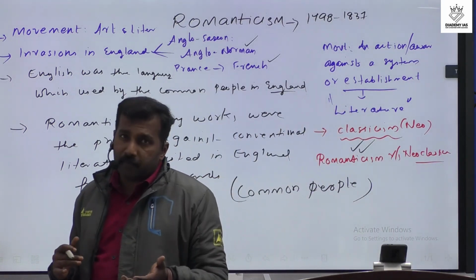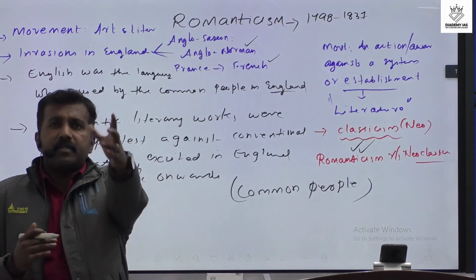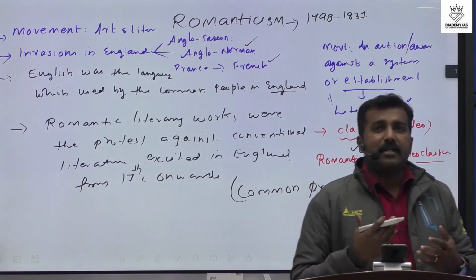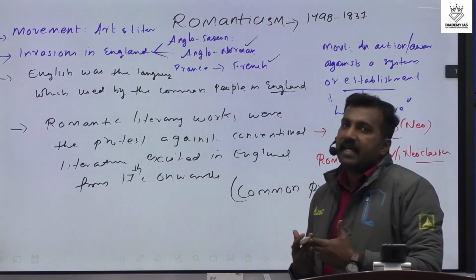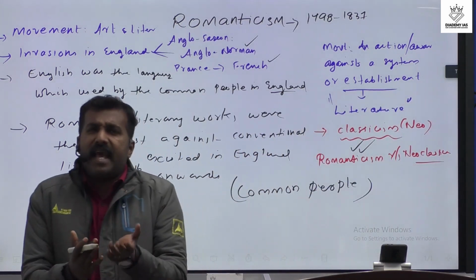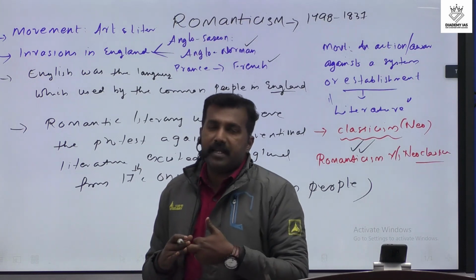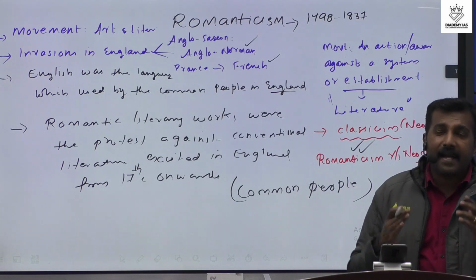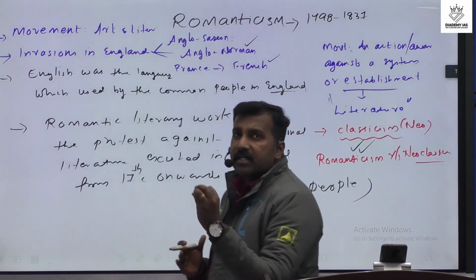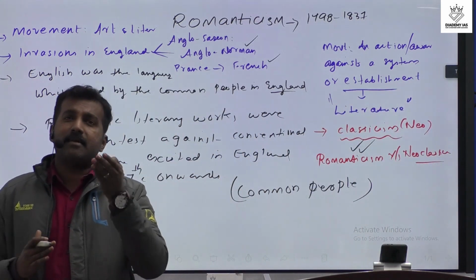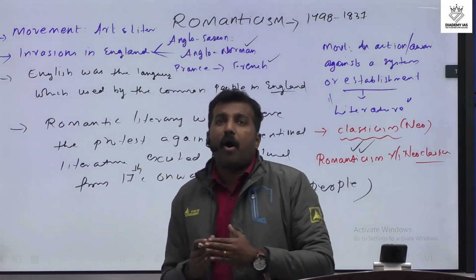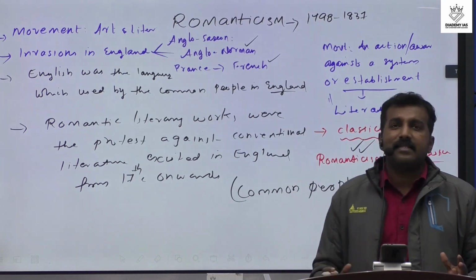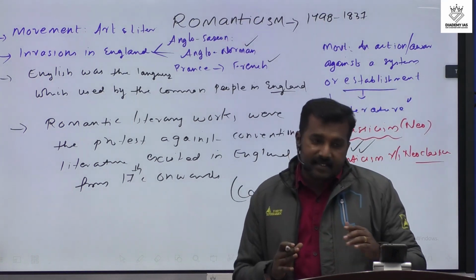An art or literary movement to highlight the demands of common people. They used the normal way of English language, easily accessible to the common people in England. And this movement actually tries to protest against some conventional ways of literary presentation during that time. So that is the introduction for Romanticism.